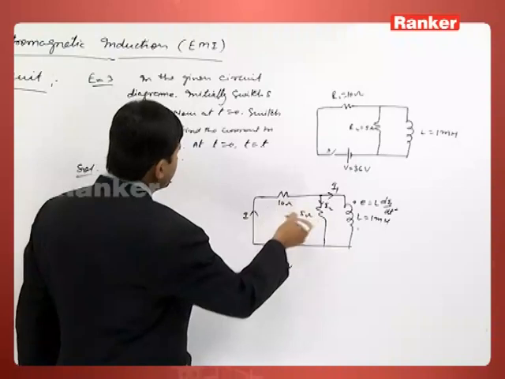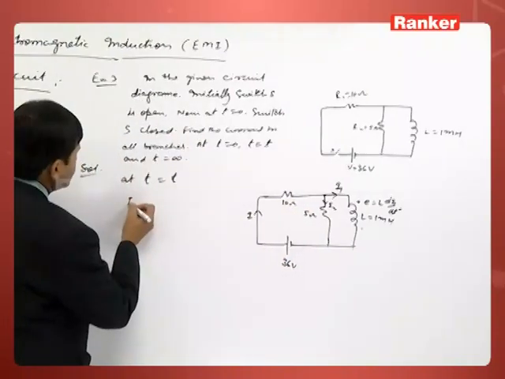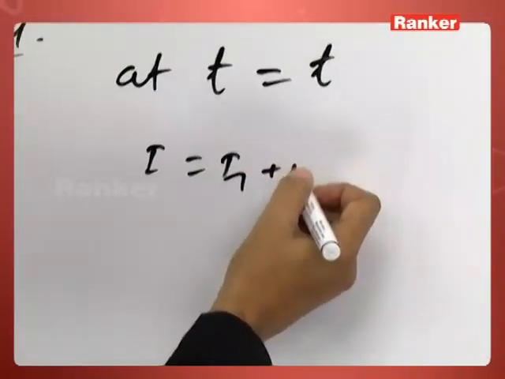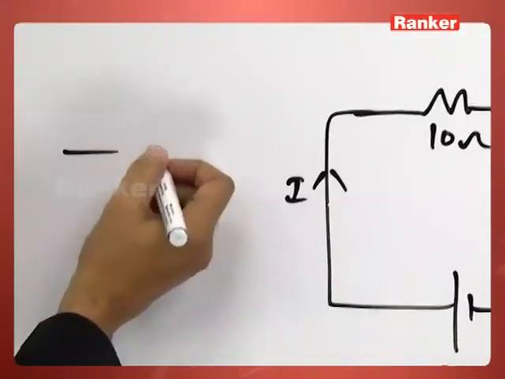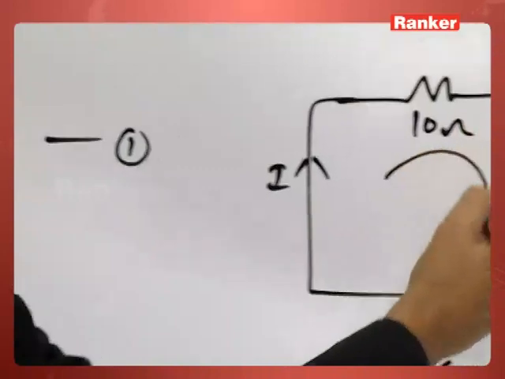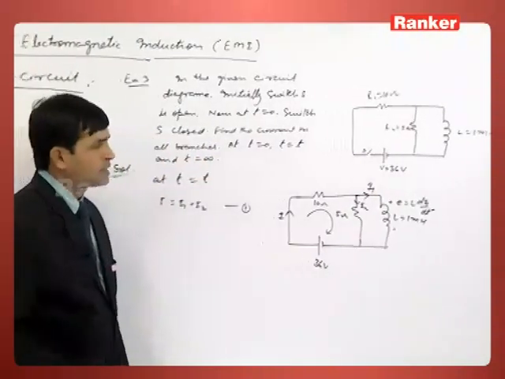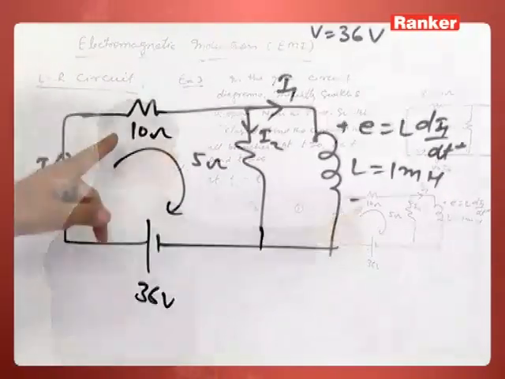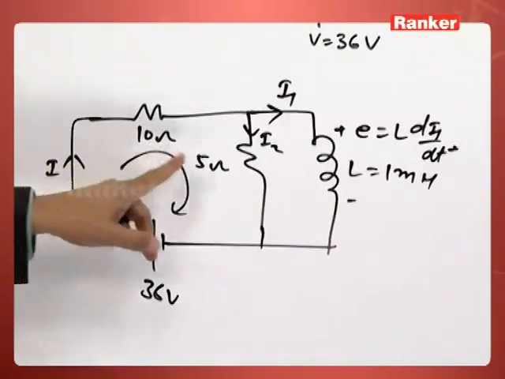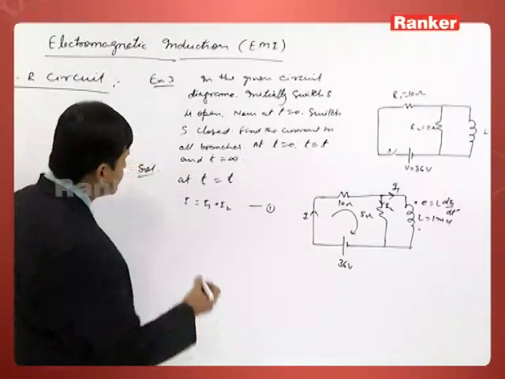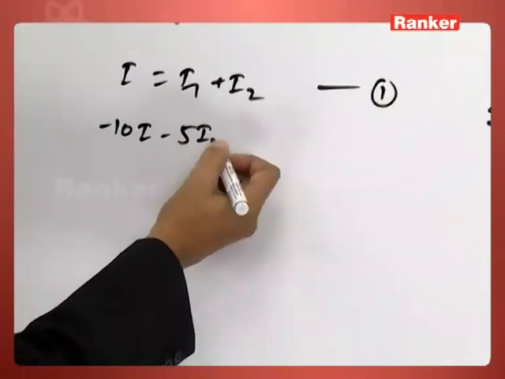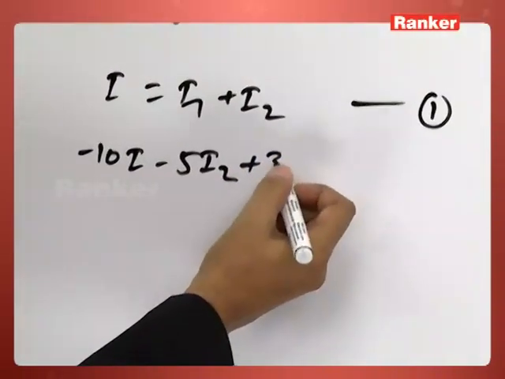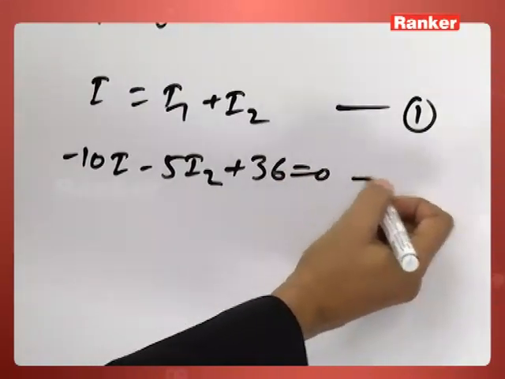Now we can simplify our equation. First, by Kirchhoff's first law, I is equal to I1 plus I2. Another, we can use Kirchhoff's second law in that loop: minus 10I minus 5I2 plus 36 is 0.